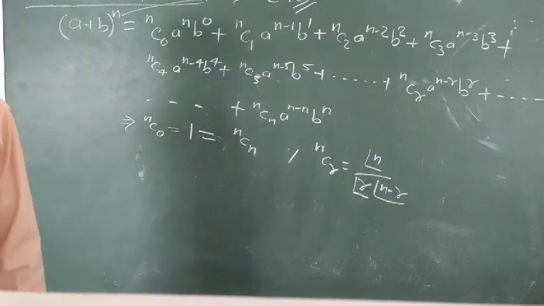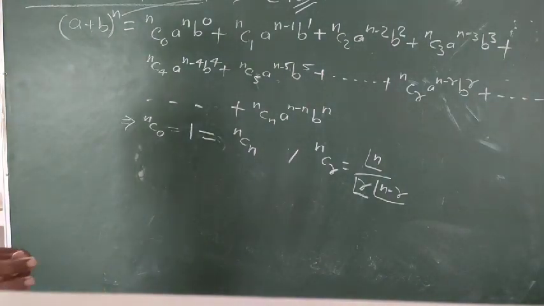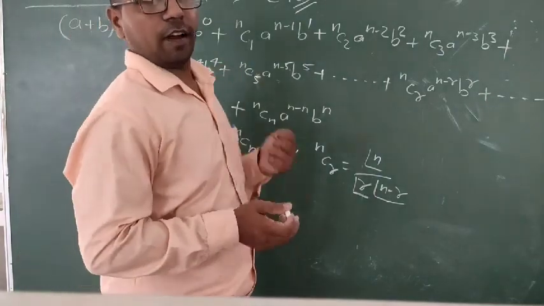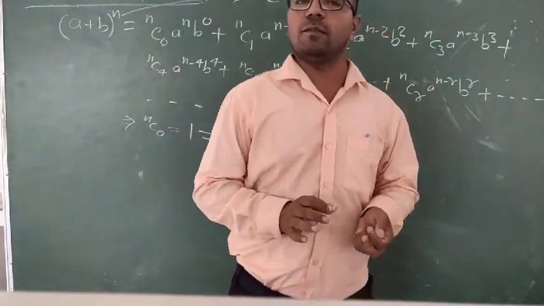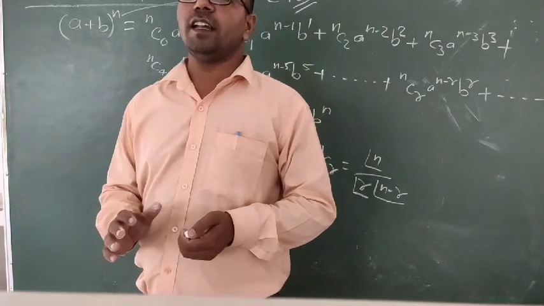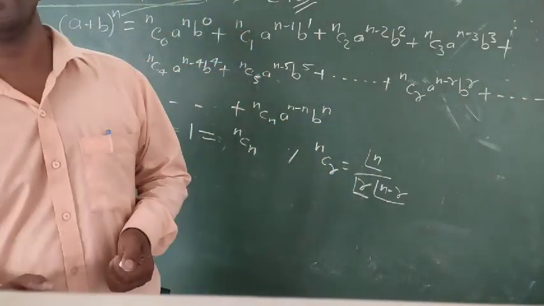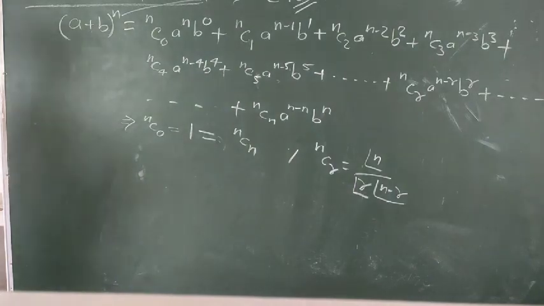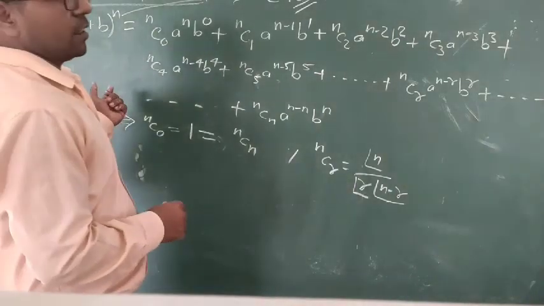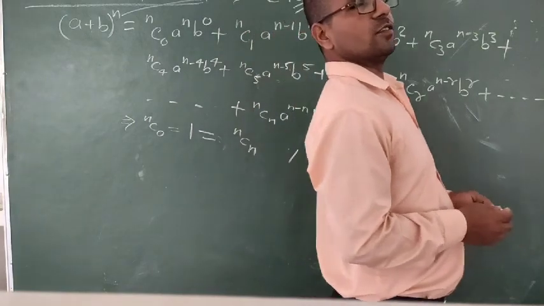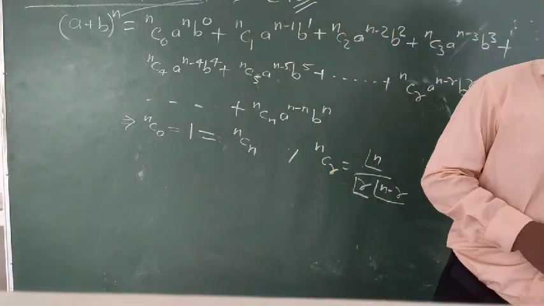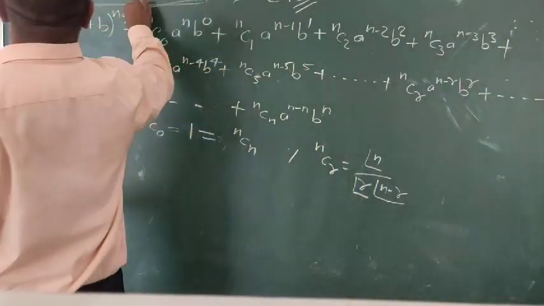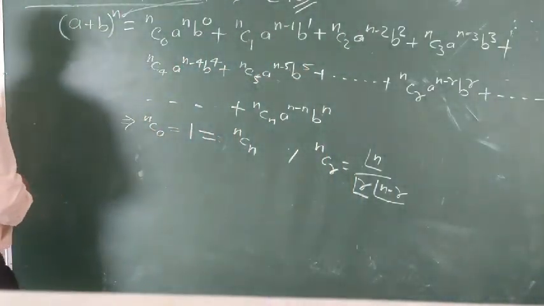You may include whole numbers also, but binomial expressions cannot be defined in terms of negative integers. Negative integers are defined, but in our syllabus only positive index is here. So whatever we solve, we will get in positive numbers.